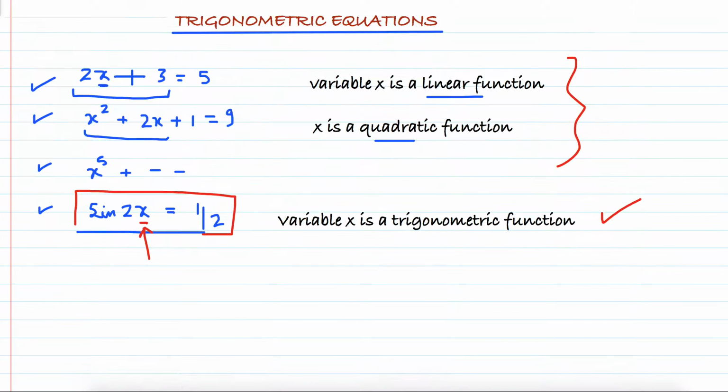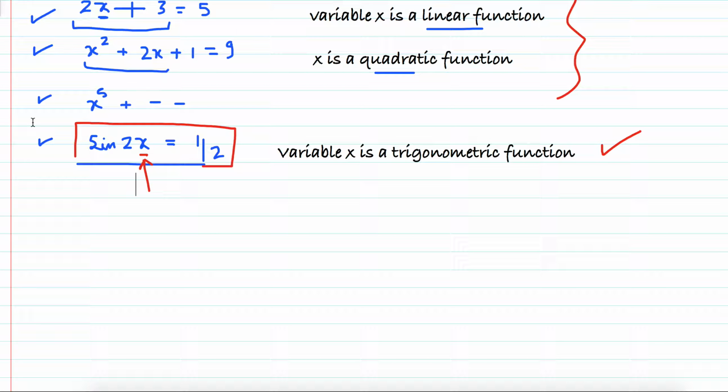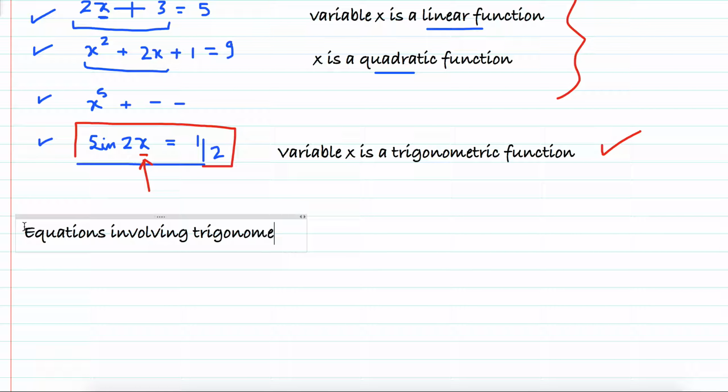Now we can give a formal definition of trigonometric equations. Equations involving trigonometric functions of a variable. Here the variable is x.